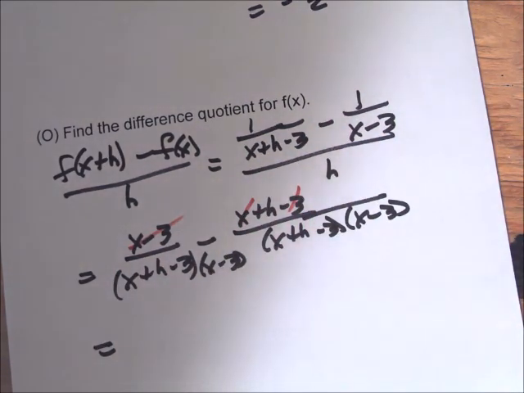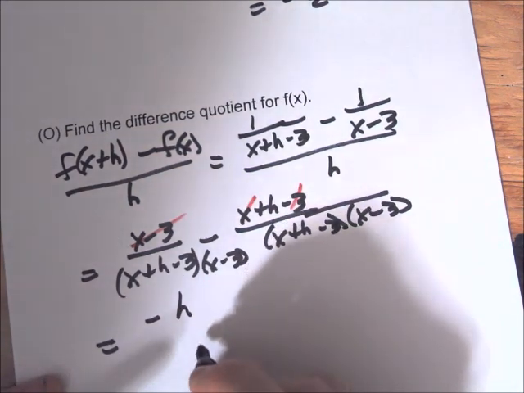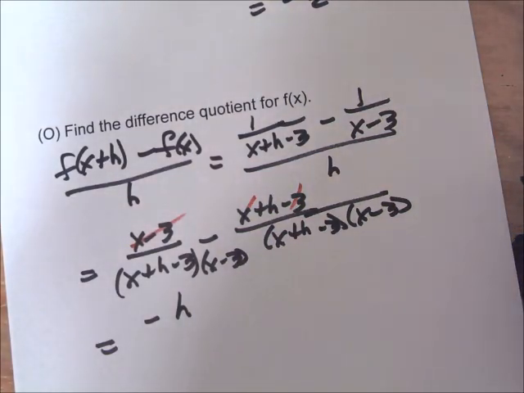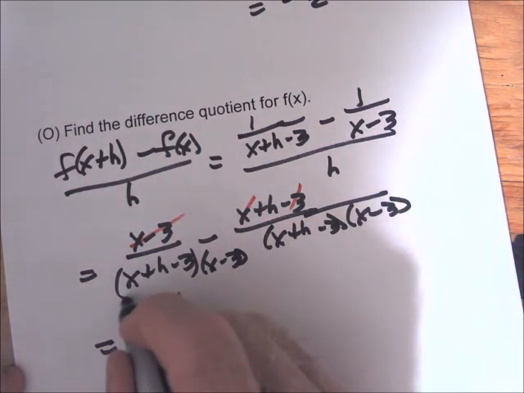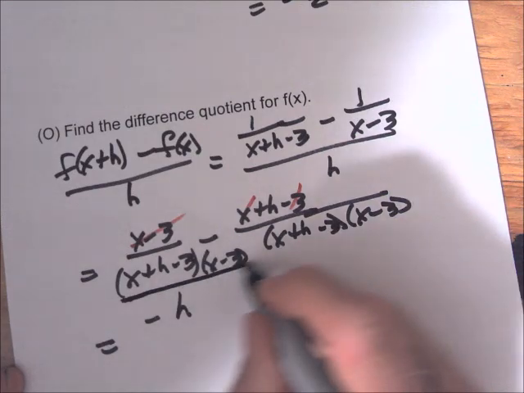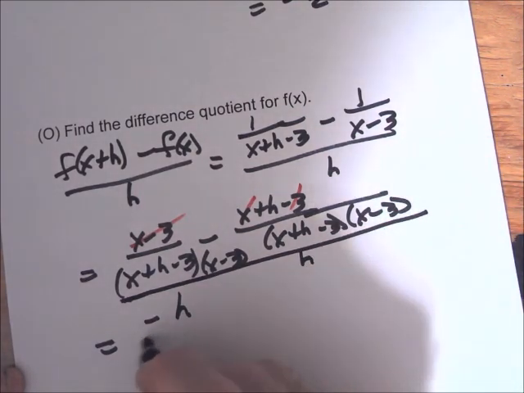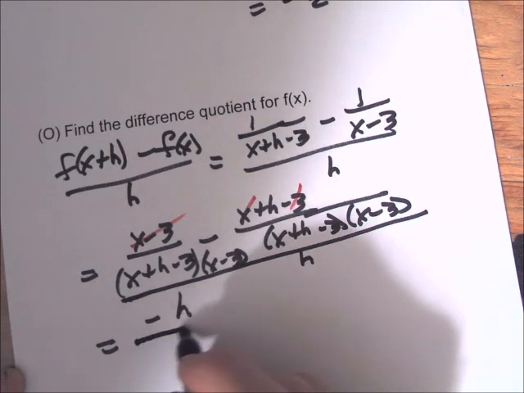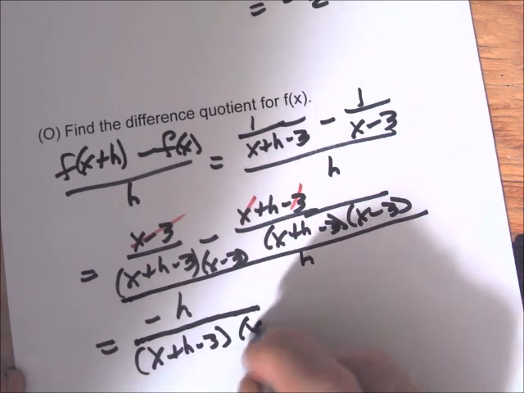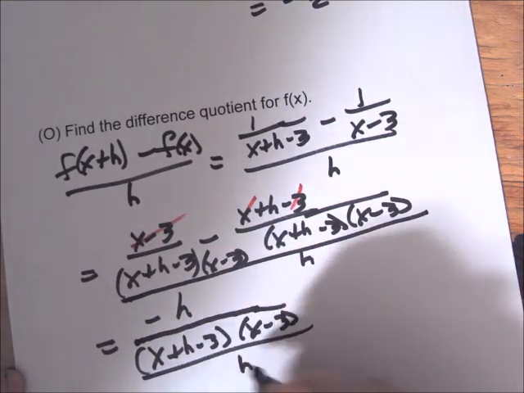We'll have a minus h on top, and then x plus h minus 3 times x minus 3 on the bottom, and this whole thing is over h.